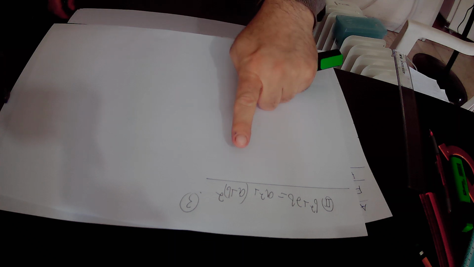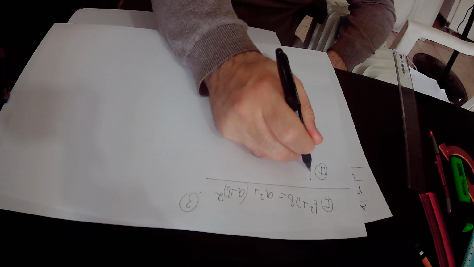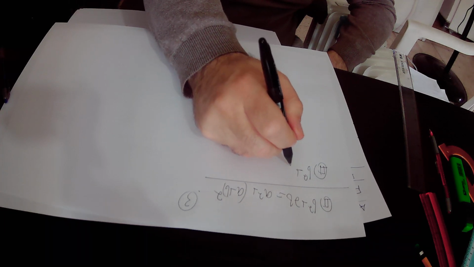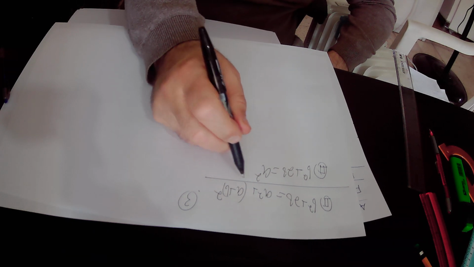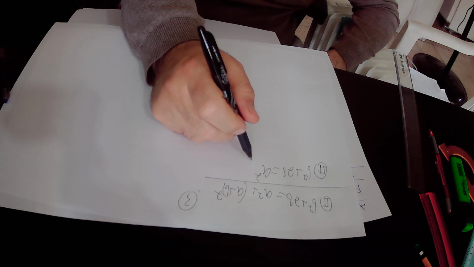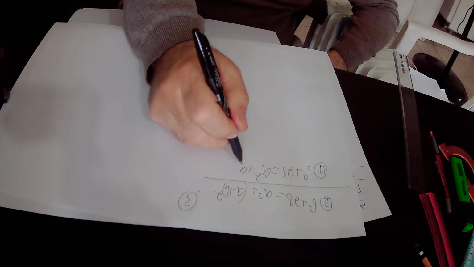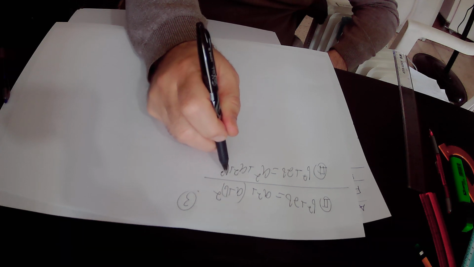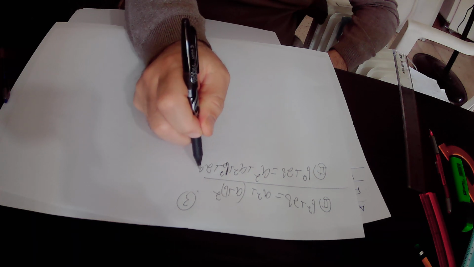So here we'll open the brackets on this side of equation 2. According to the algebraic identity, a plus b squared equals a squared plus b squared plus 2 times a times b.